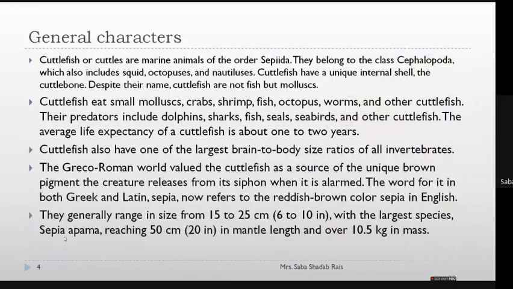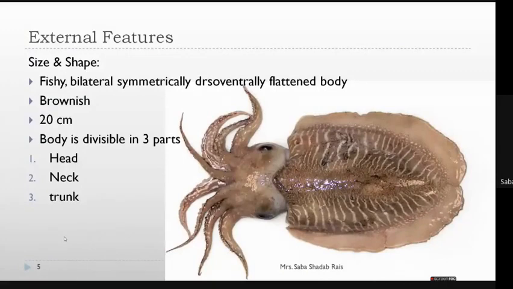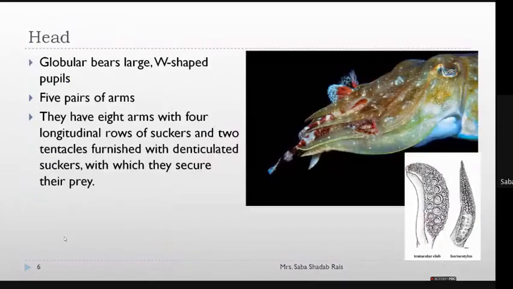Just a quick review. We have learned that the body is divided into three parts: head, neck and trunk. The head is the most prominent region of the body, and it is globular with a W-shaped pupil, and it has the arms. Five pairs of arms are there, of which two are modified.